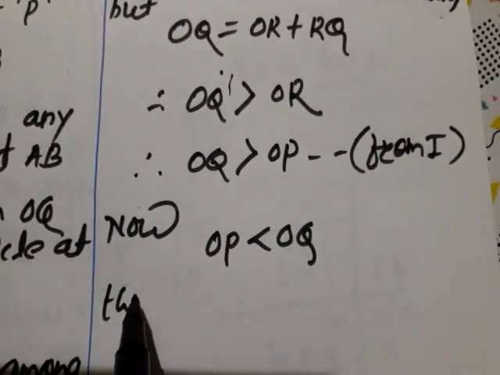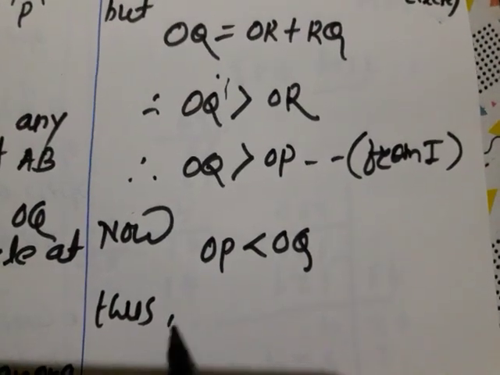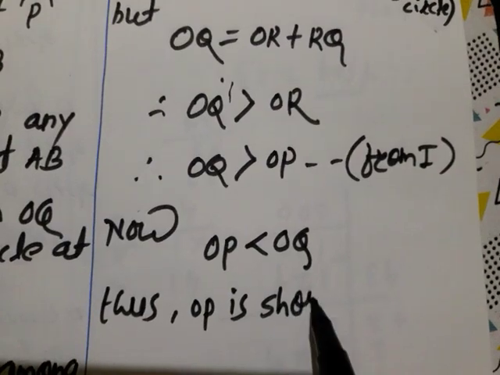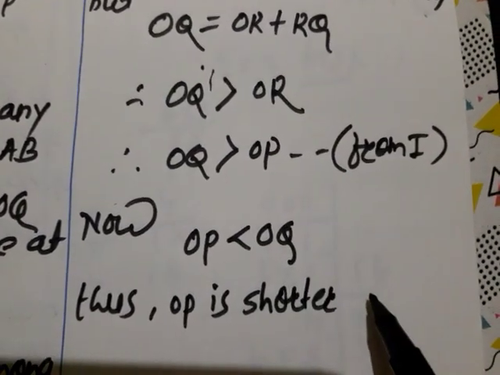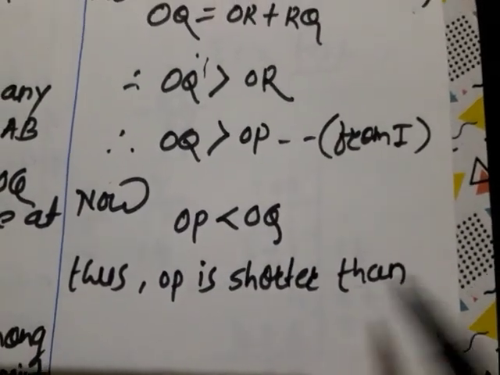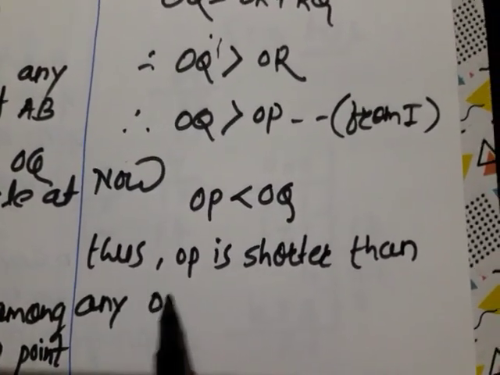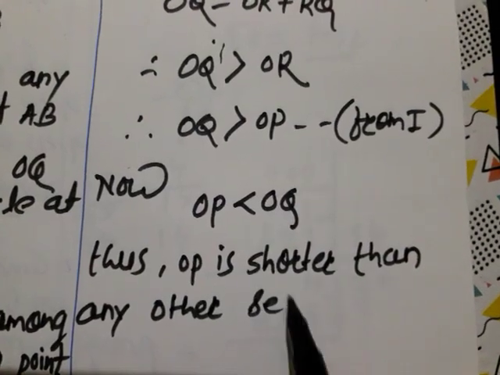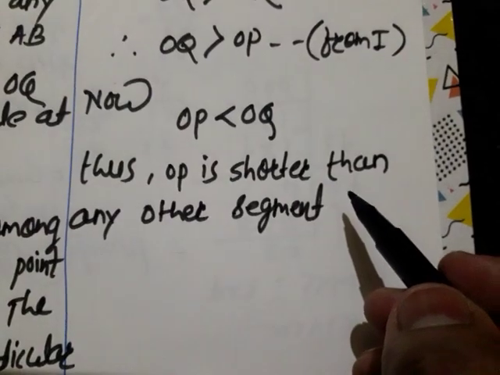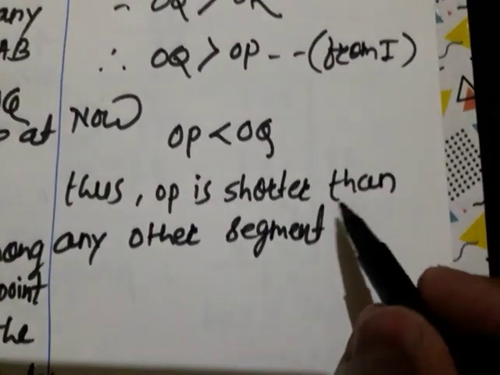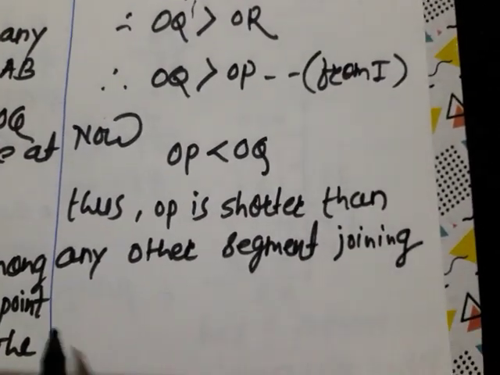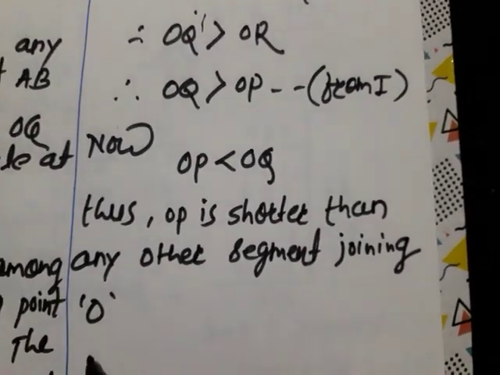We can say then, thus, OP is shorter than any other segment. OP is shorter than any other segment joining O. Joining O means what?